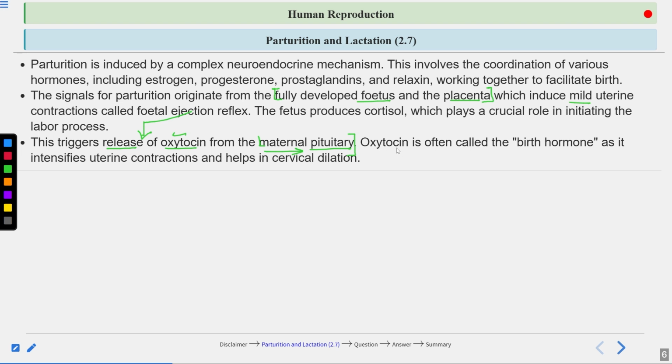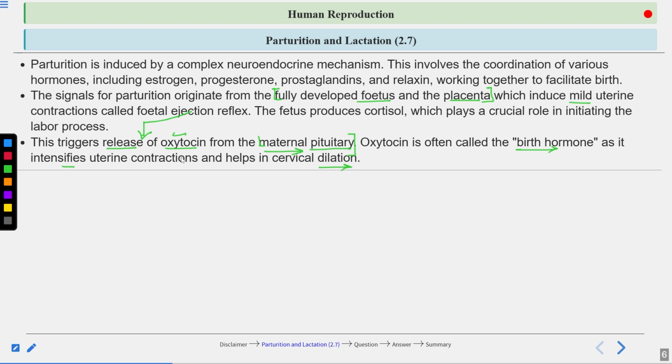Now oxytocin is often called the birth hormone. Why is it called the birth hormone? Because it intensifies the uterine contractions and helps in the cervical dilation. Initially uterine contractions were mild.